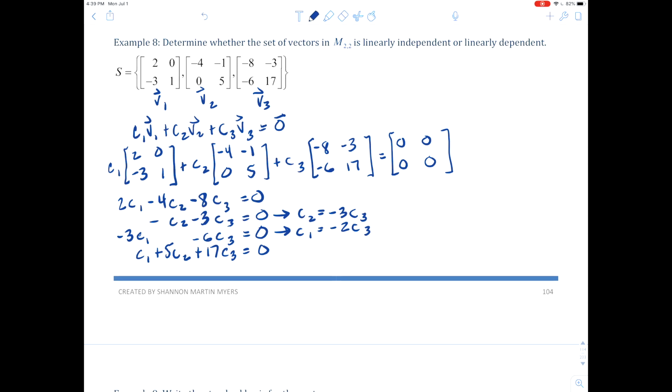Is that okay? And so then, plugging these into the top equation, you'd have 2 times negative 2C3 minus 4 times negative 3C3 minus 8C3 would be 0. And I got these from here.